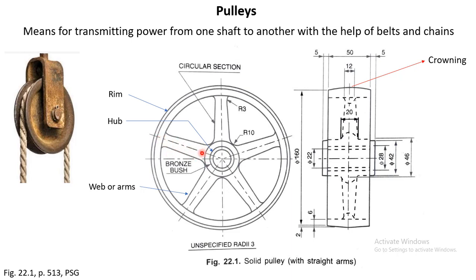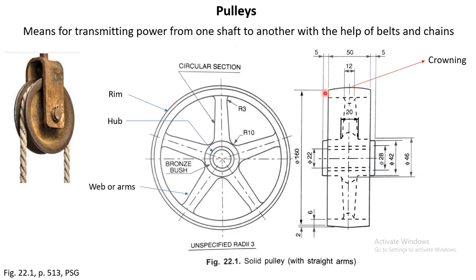Webs or arms basically connect the rim with the hub. For example, here you can see this part is the rim. The hub is here, through which the shaft has gone inside, and this is the web. So in this case it is not the arm but webs.